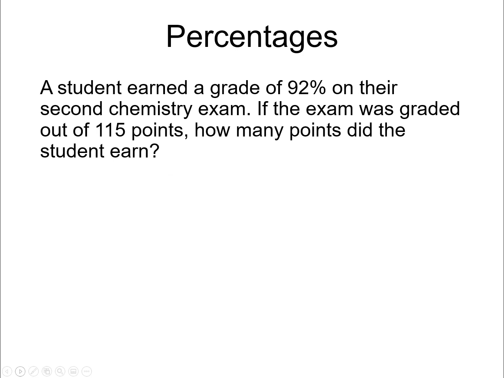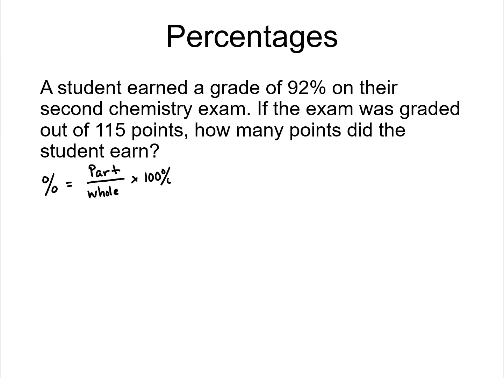Let's do a slightly different take on that. Let's say that we know a student earned a grade of 92% on their second chemistry exam. If the exam was graded out of 115 points, how many points did the student earn? Starting with our same part over the whole times 100%.